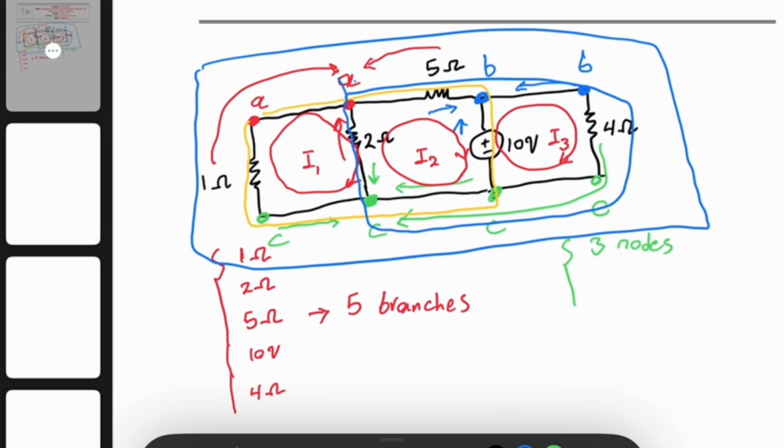Then the question asks if there is any element in series or in parallel.